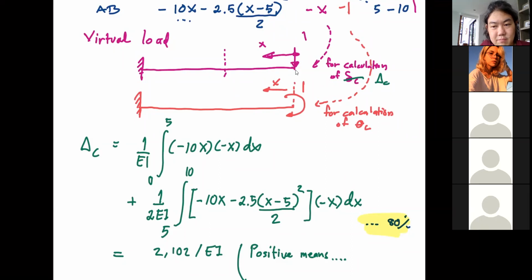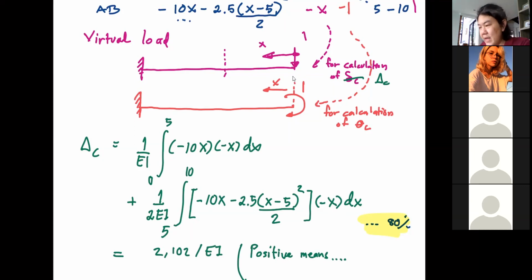It's going the same direction as the virtual load. Yes, that is the correct answer. Thank you, Nakarin. A round of applause. This is work. When you have positive work, it means that the work is in the same direction as the unit load.